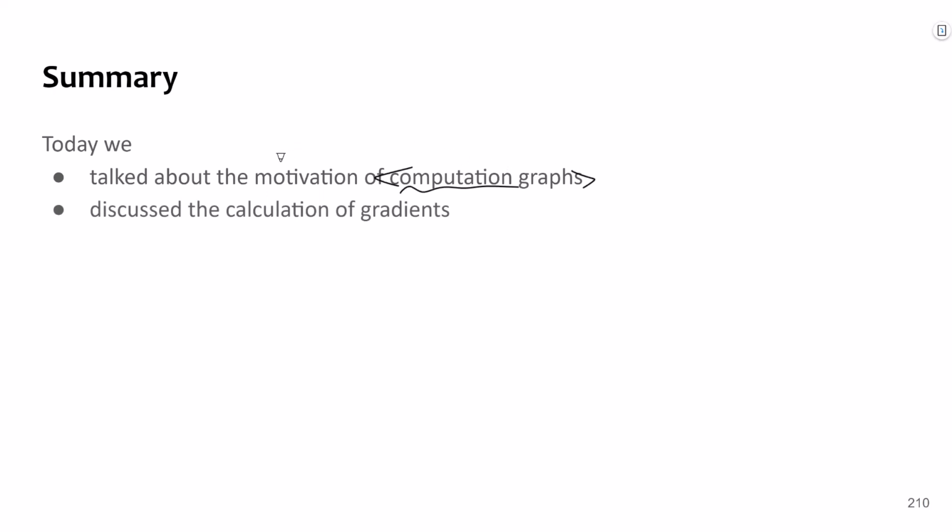We also discussed the calculation of gradients. Here, you need to think about 3 concepts: gradients, Hessian, and Jacobian. Gradient is for functions with vector input and scalar output.